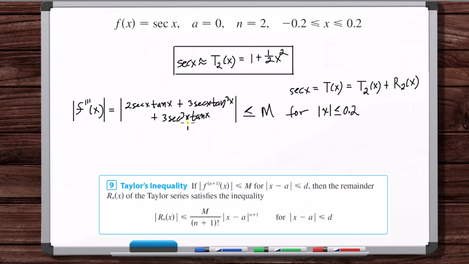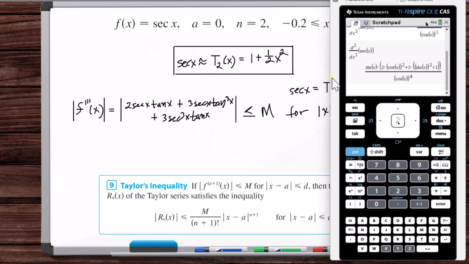So no matter what x you plug into the absolute value of the third derivative of secant x, we can get a value M such that you'll never get a value out of that function that's greater than M.